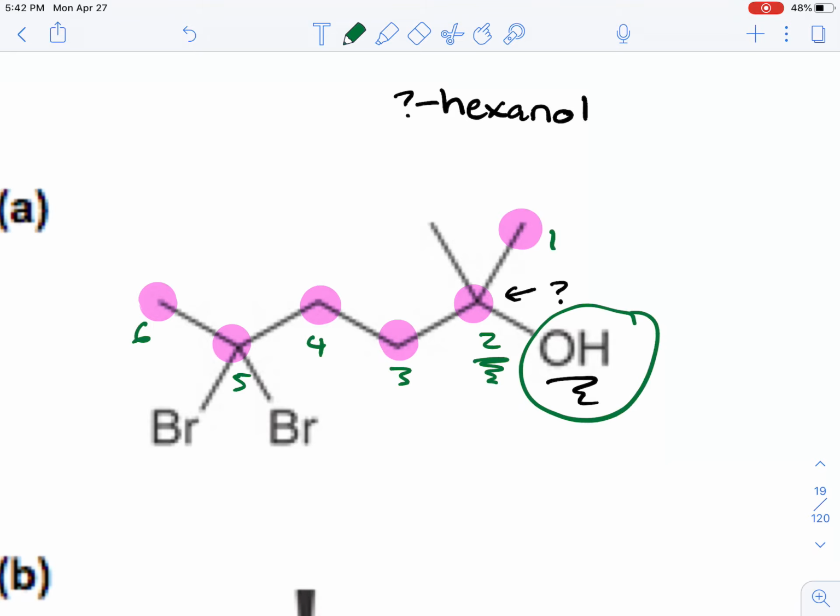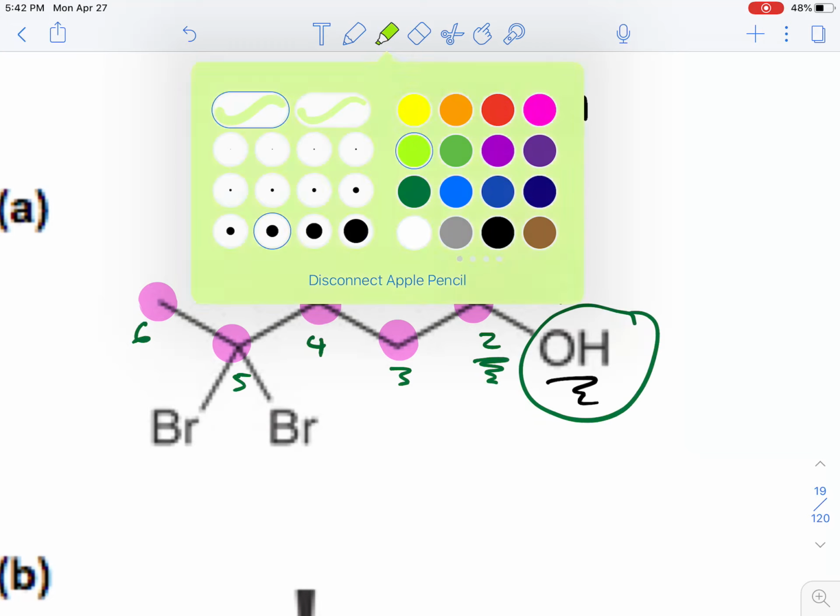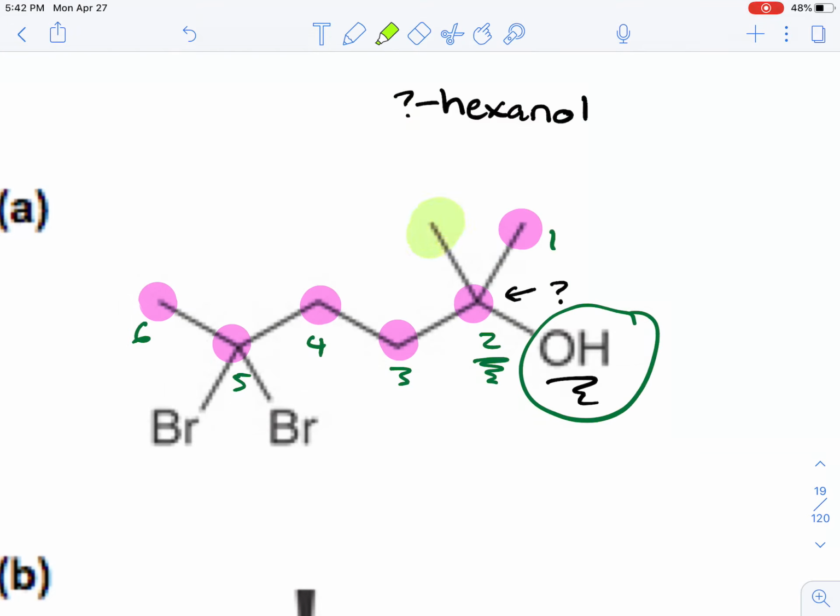The next thing we're going to do is identify our substituents and name their positions. I forgot to put in the 2 here.